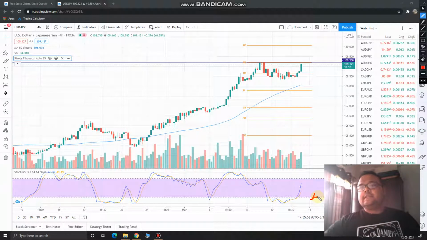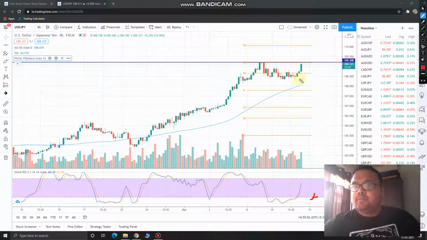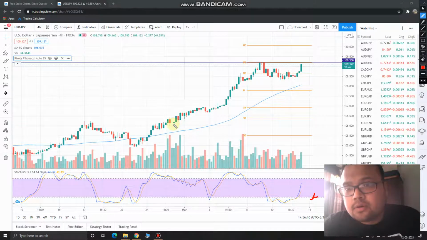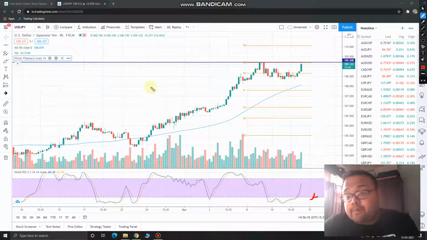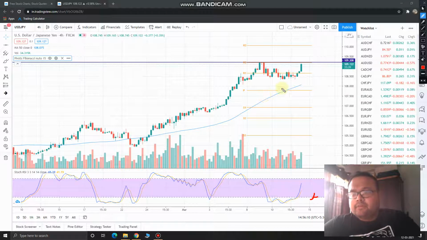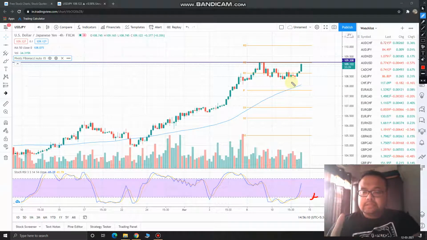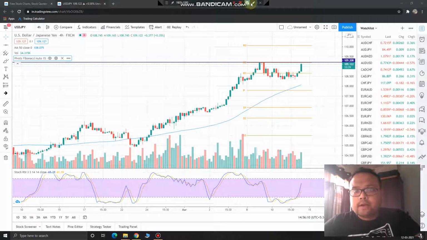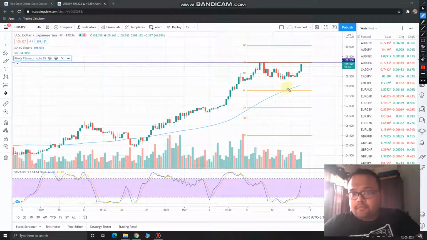So if you see that the price is above the 50 moving average or nearby the 50 moving average, because generally if it takes support at the moving average, then it's well and good, but USD Japanese yen is not taking support at the 50 moving average. So when stochastic RSI is in the oversold zone, just check whether the market is above the 50 moving average or not.